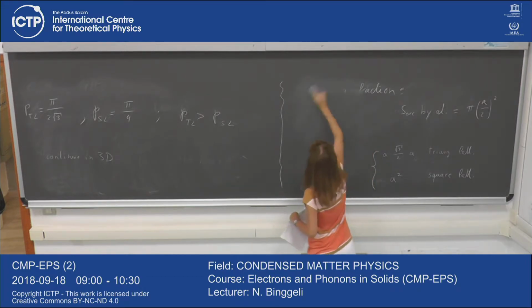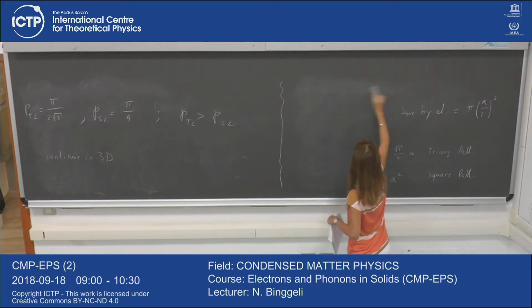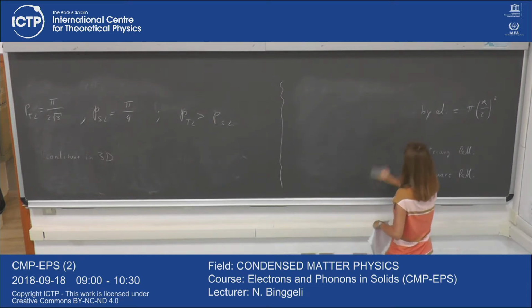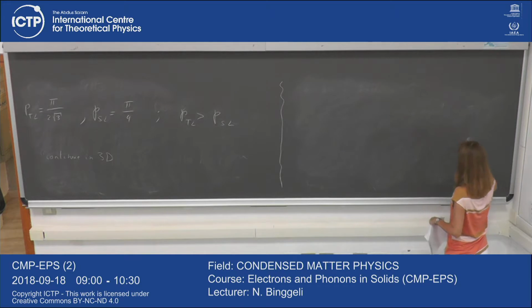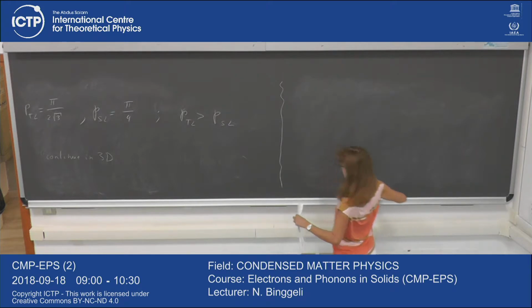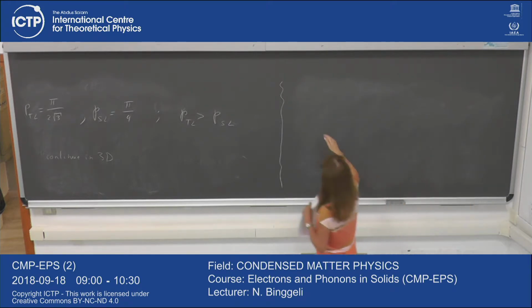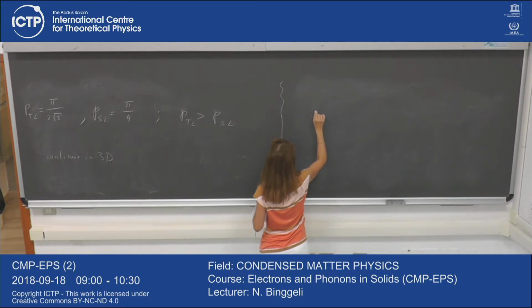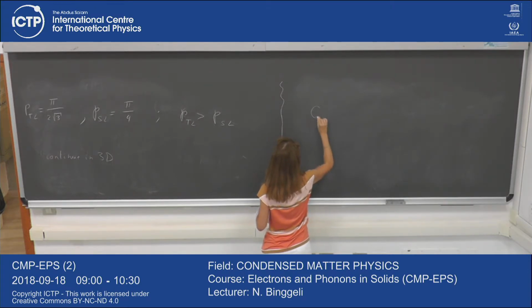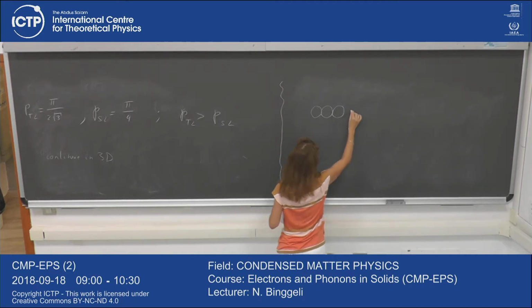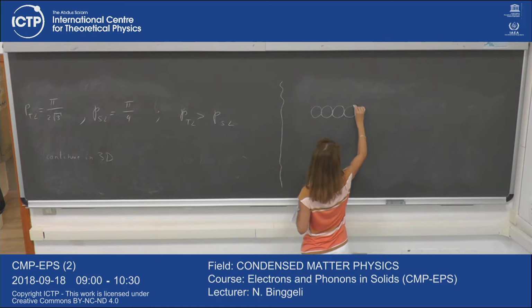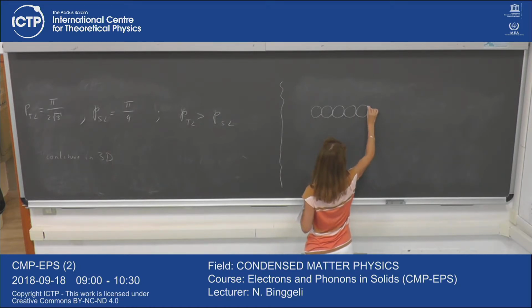So if I start from the spheres on the floor, packed in this triangular lattice, then seeing from the top, I would have this kind of layer of spheres.